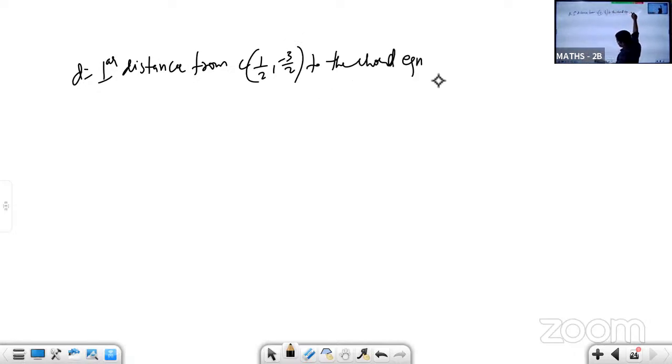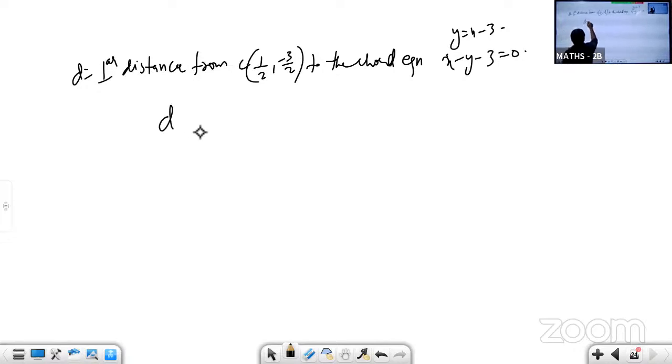What is that chord equation? The chord equation is given as y equal to x minus 3, but I am going to take it in the form of ax plus by plus c: x minus y minus 3. Is it clear?